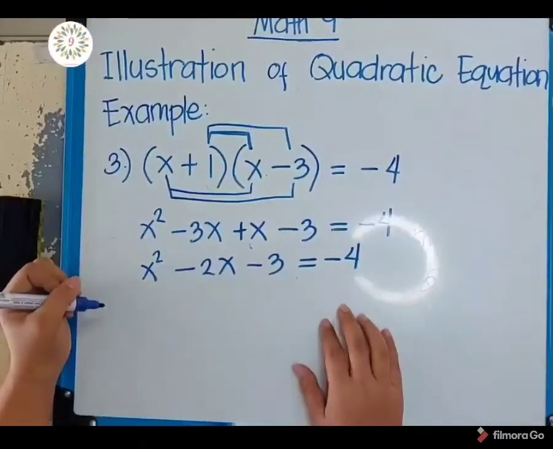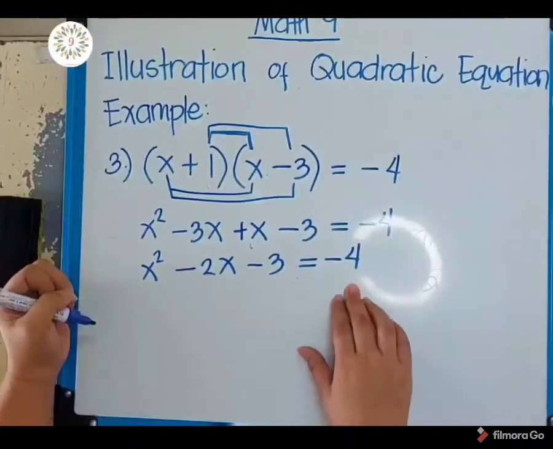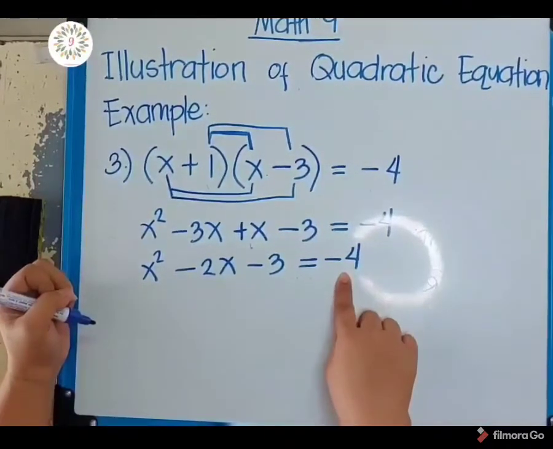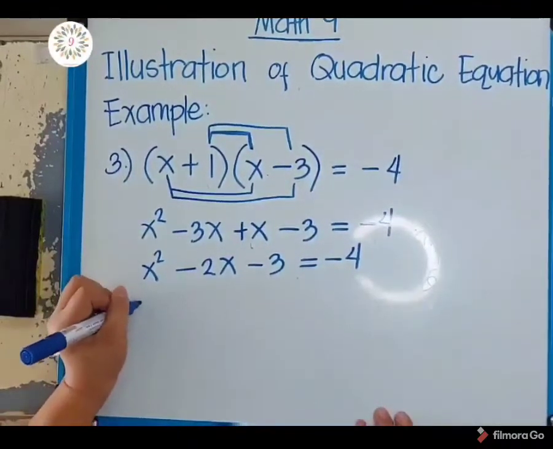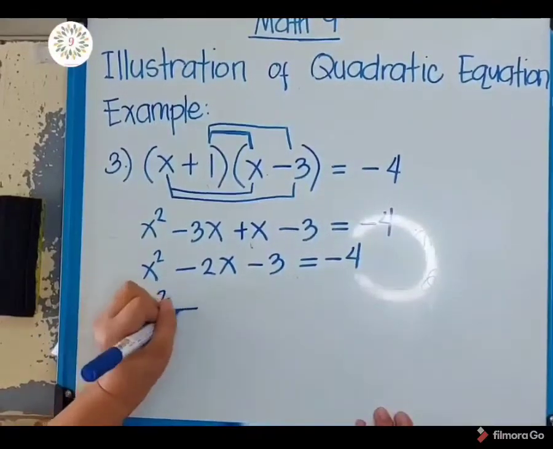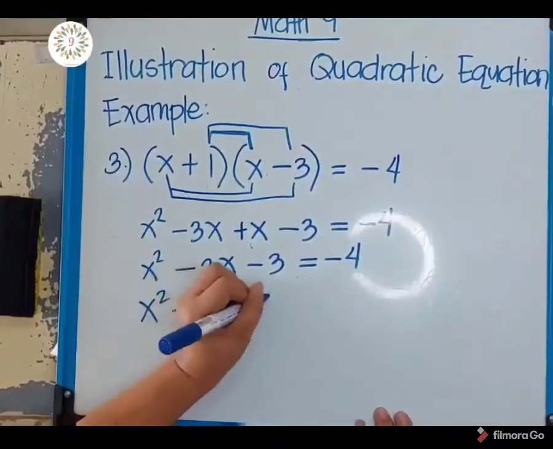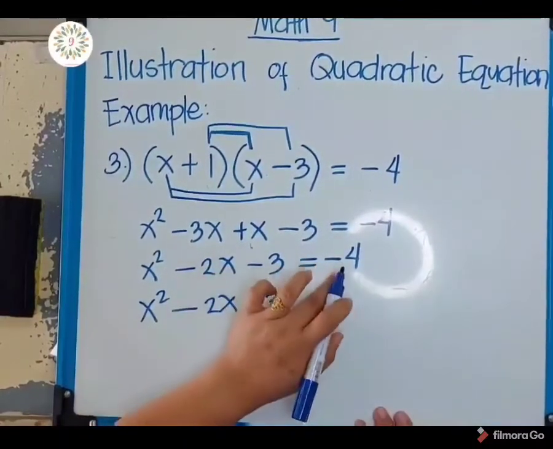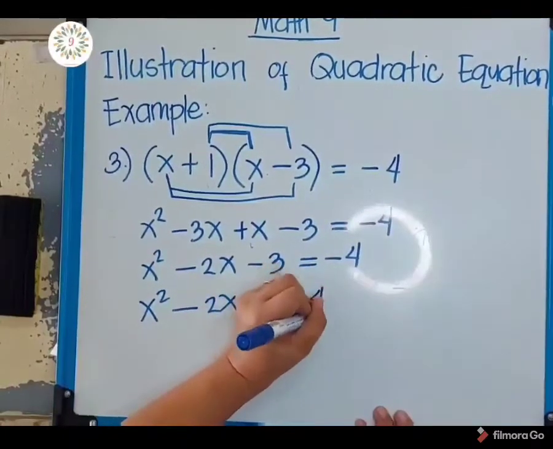The next step is we're going to apply the addition property of equality since we still have negative 4. We change the sign of negative 4 to positive 4. So we bring down x squared minus 2x minus 3, and then add the inverse of negative 4, which is positive 4.